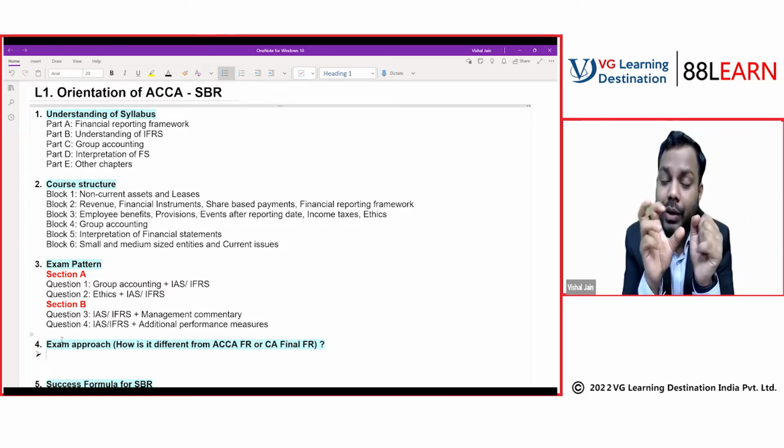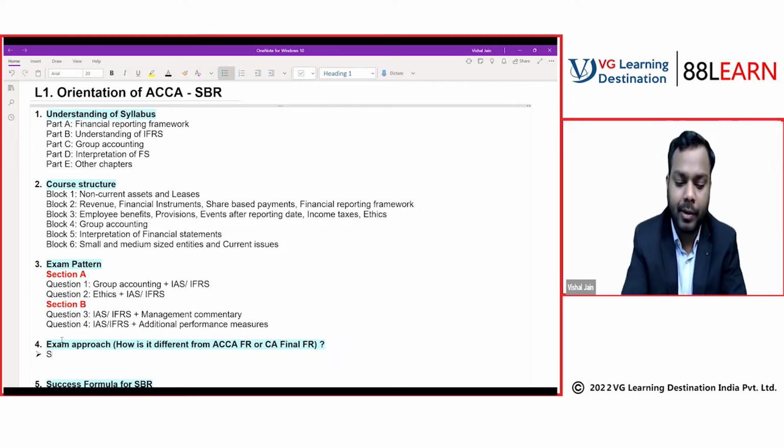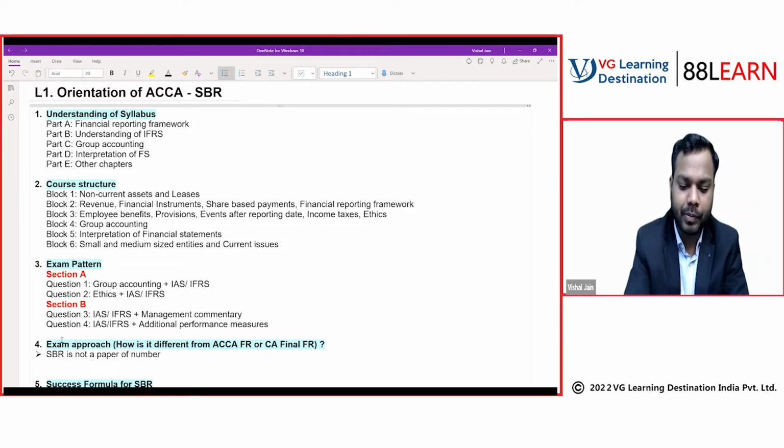So that's how the difference is there. Not a game of numbers, rather it is a paper of interpretation.